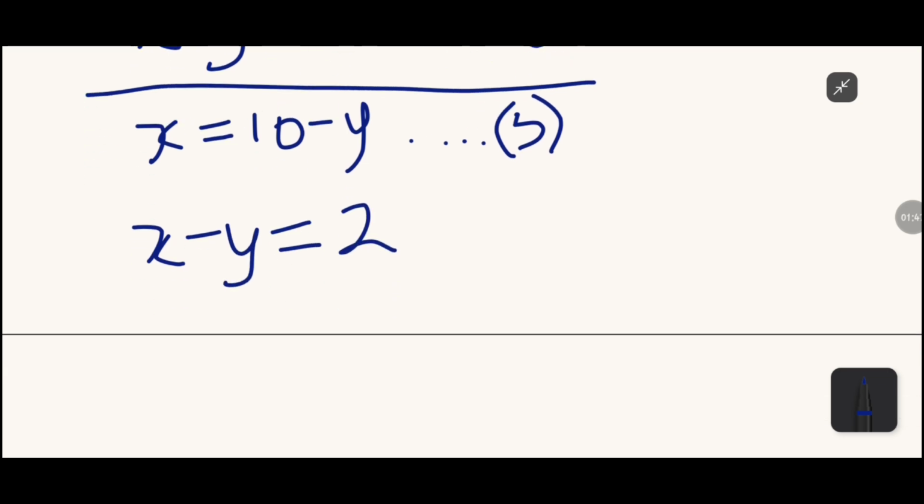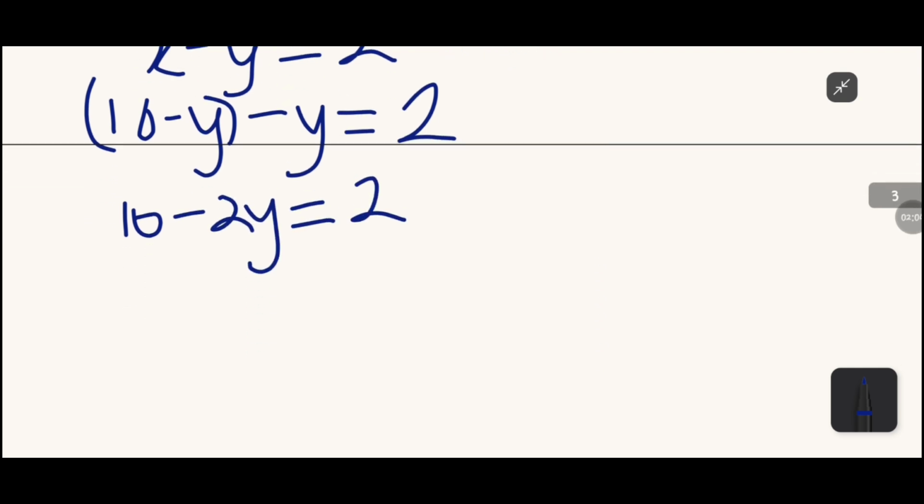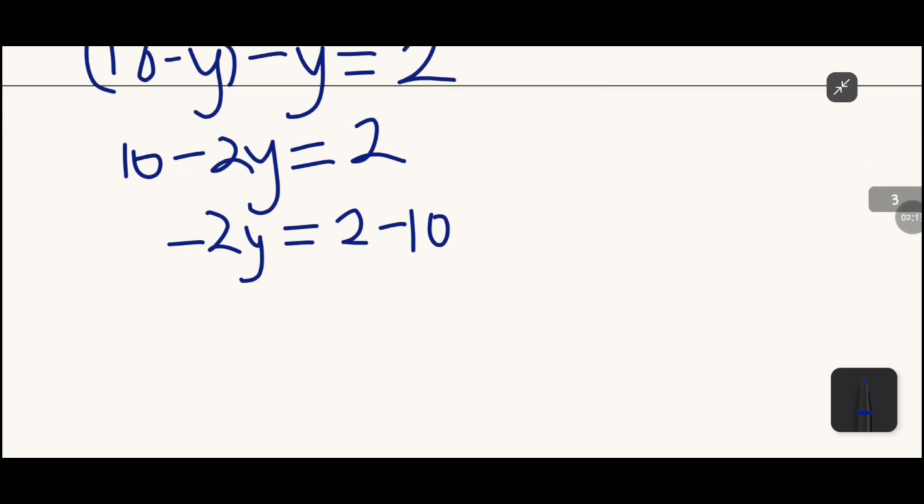Putting x to be 10 minus y, we have 10 minus y minus y is equal to 2. So collecting like terms, we have 10 minus 2y is equal to 2. Taking 10 to the right hand side, we have minus 2y is equal to 2 minus 10. So we have minus 2y is equal to minus 8.